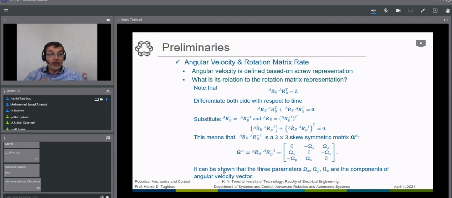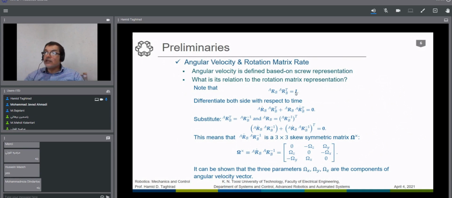Is angular velocity related to the rate of the rotation matrix? It is related, but it is not the rate of rotation. Let me start with the rotation matrix. So the question is, what is the relation between the angular velocity omega and the rate of the rotation matrix R dot?